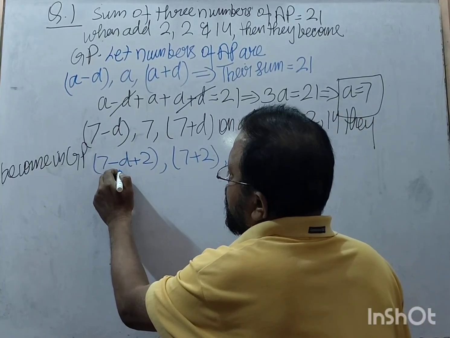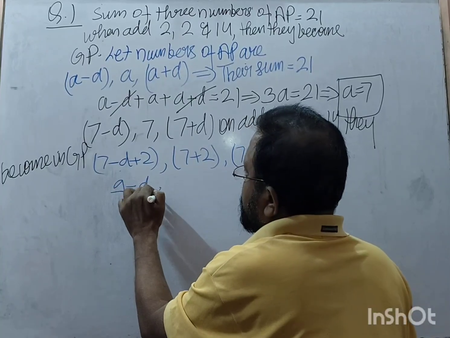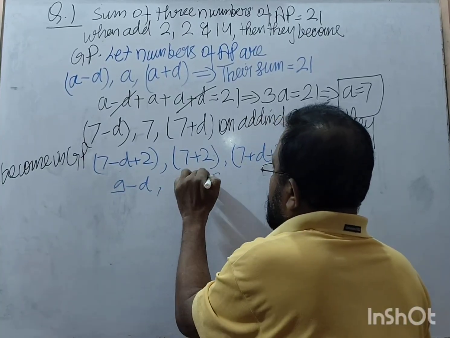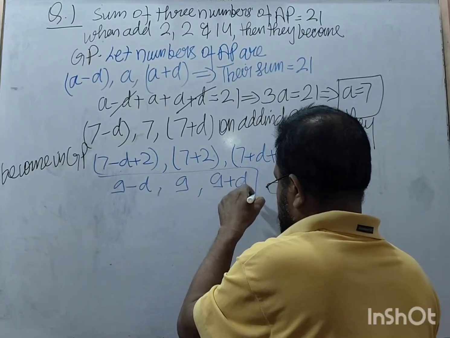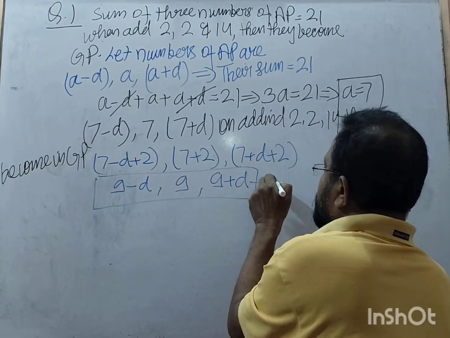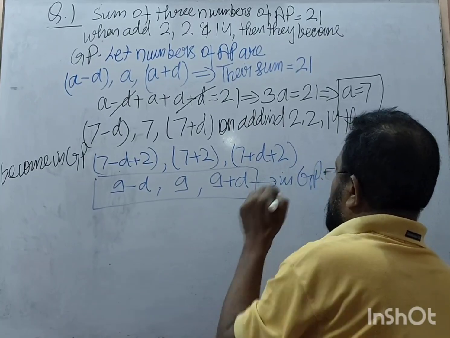So we get 9 minus d, 9 and 21 plus d in GP.